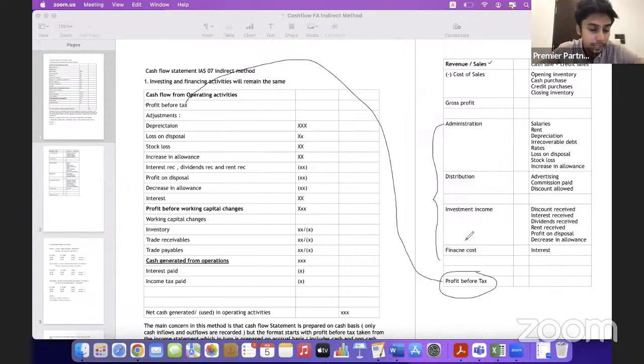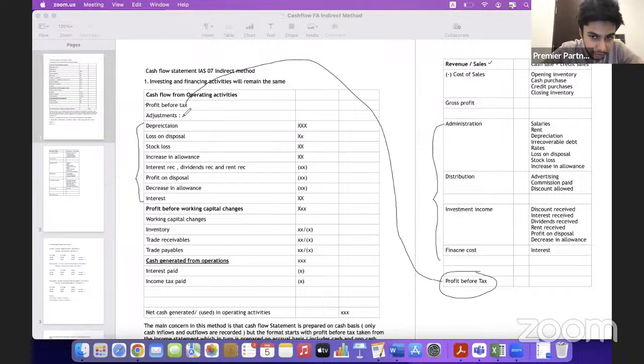Where you have to worry about is when it comes to non-cash transactions inside the profit before tax. If there are any non-cash transactions, then such transactions must be adjusted inside this topic called adjustments. Okay, so guys, just remember, quick recap. Adjustments, what will come inside adjustments? It's like this.